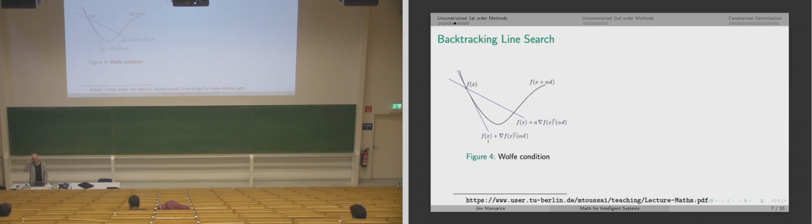So this intuitive procedure that I described is implemented in backtracking line search. And the way you stop backtracking line search is by checking the Wolfe condition.